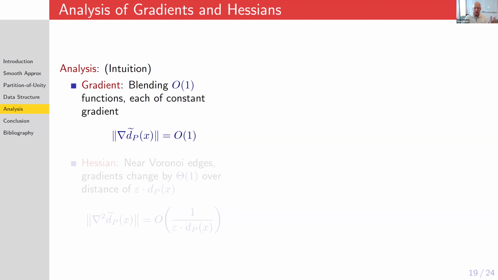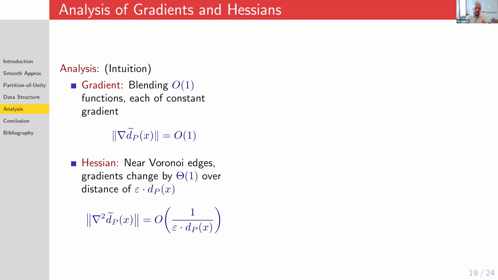So it follows that the sum of the gradients is going to be a constant, depending on that overlap. And then the other comment I made about the Hessians is that the Hessians are going to have to be fairly large, because if you look again at those ridge points where you are changing between the distance to a point on this side and the distance to a point on that side, you've got to make a transition. We show that the norm of the Hessian is at most 1 over epsilon times the distance to its nearest neighbor. I will say that that is not easy to justify.